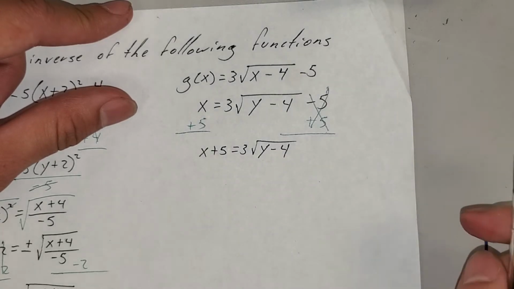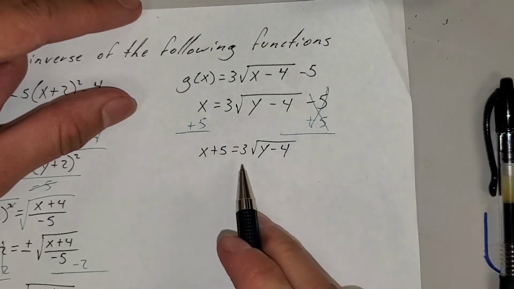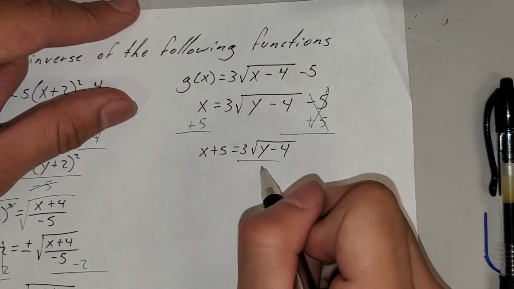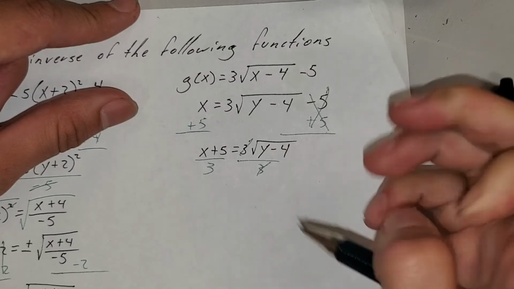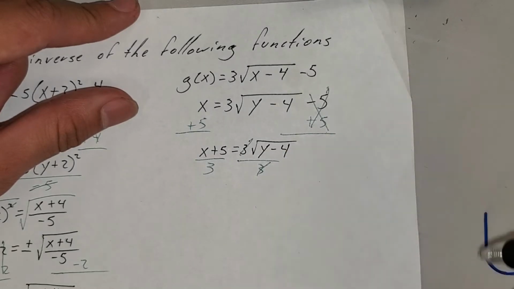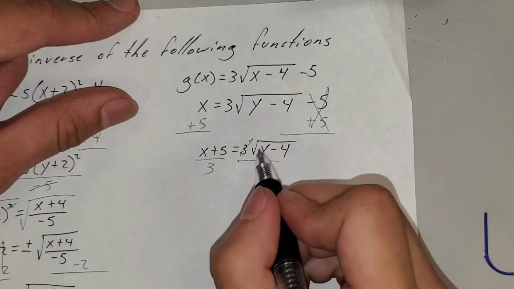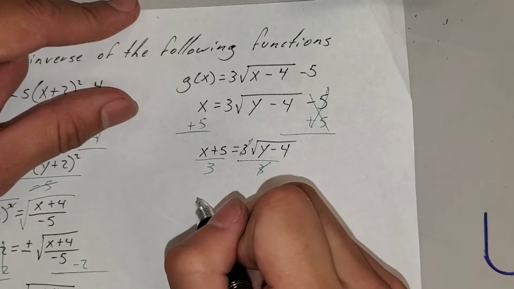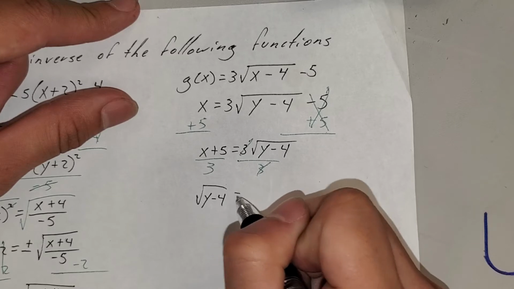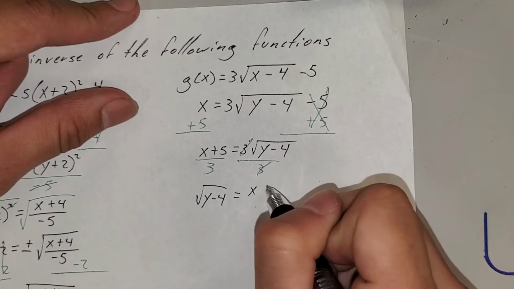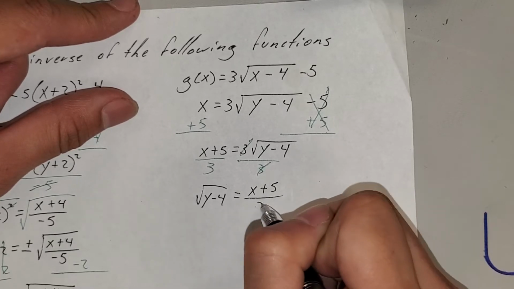All right, the next thing is to get rid of this 3, so I can just divide both sides by 3. That way these 3s will divide out to 1, leaving me with the square root of y minus 4 equals x plus 5 over 3.